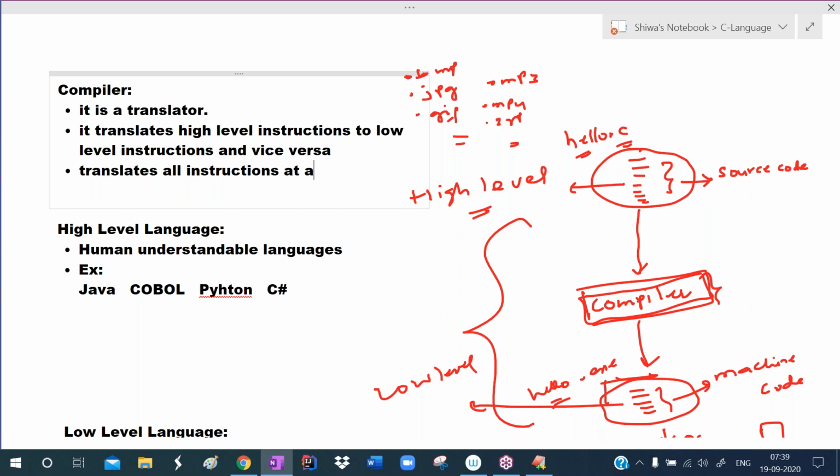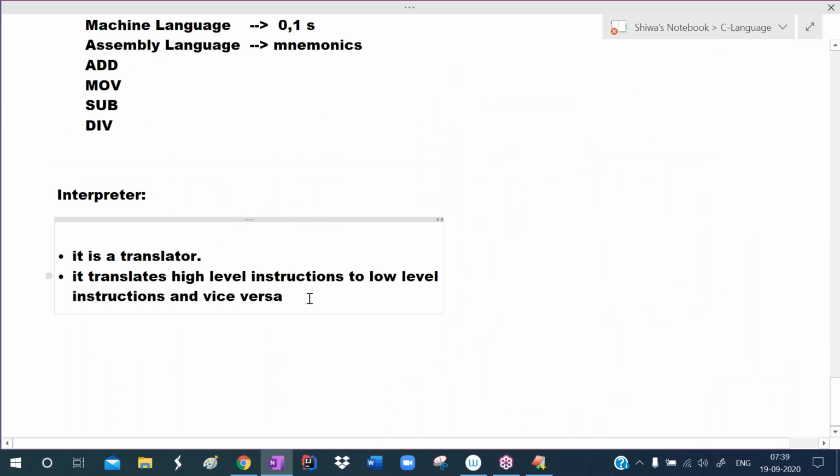Whereas the interpreter translates line by line. After translating one line, it translates the next line. So the interpreter translates line by line, and the compiler translates all instructions at a time.